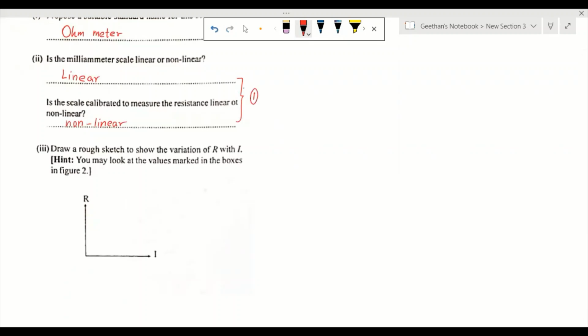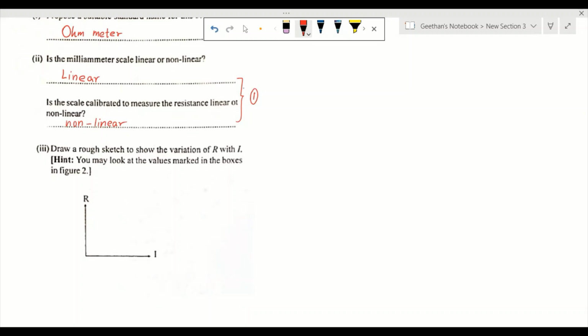Fine. Then they say, draw a rough sketch to show the variation of R with I. There's a hint given: you may look at the values marked in the boxes in figure 2.